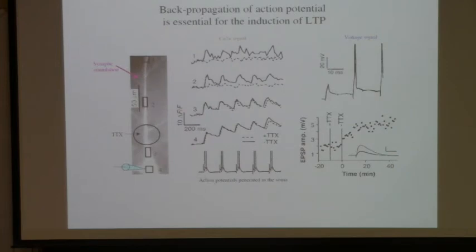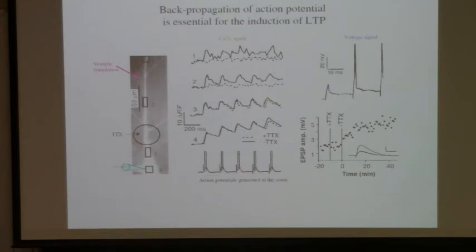And what happened with the calcium signal? Well, you have a strong calcium signal in here, you have a strong calcium signal in here, but here you don't get any more calcium signal, because somehow the action potential not propagating into there does not allow the synapses to fully engage into this calcium business. You follow that?